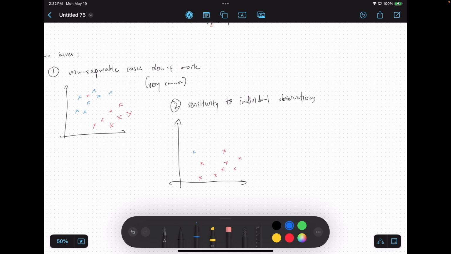If I were to draw a hyperplane here, that might look something like this, with my support vectors like so.